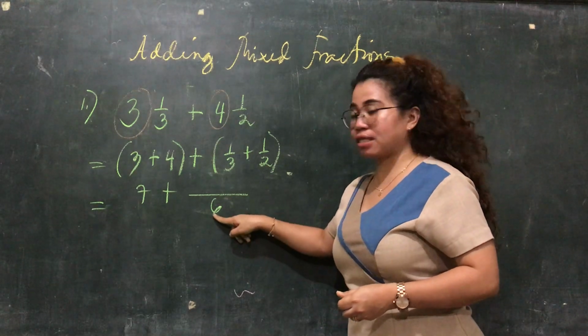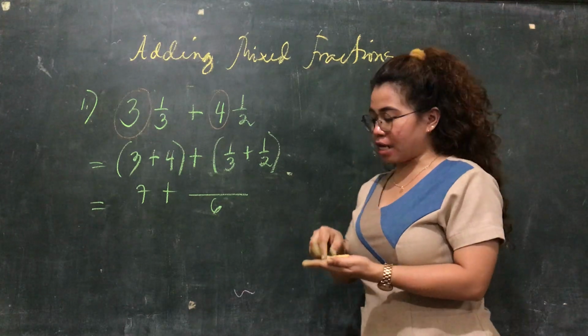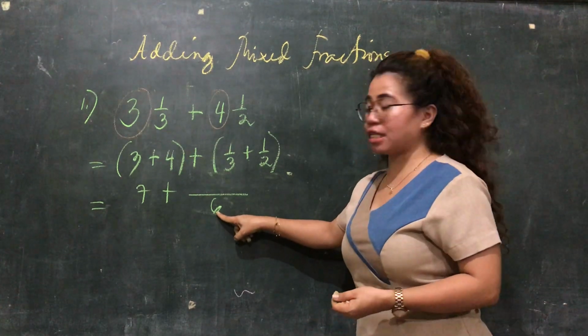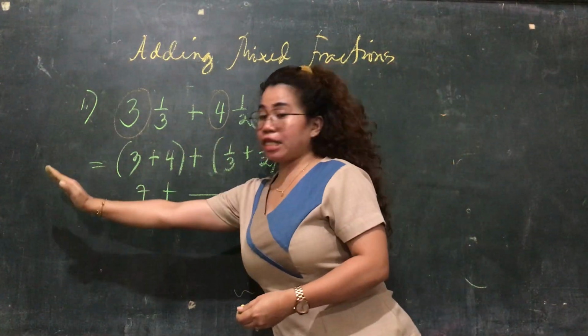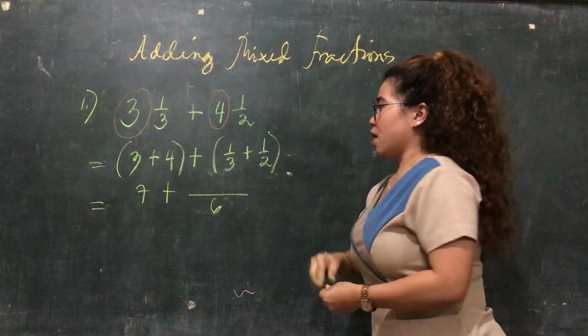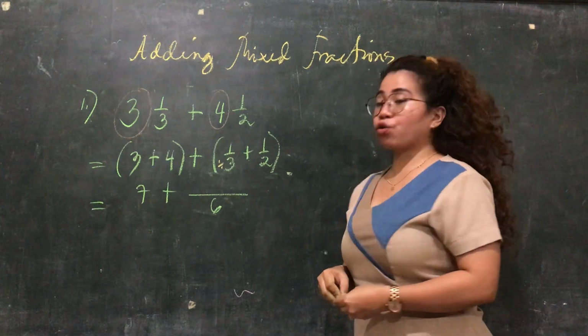So, you have 6 as our LCD. Unsaon man si LCD? Ang LCD is i-divide na siya sa denominators. Take note, diri ang concern, fraction na ta. Okay?